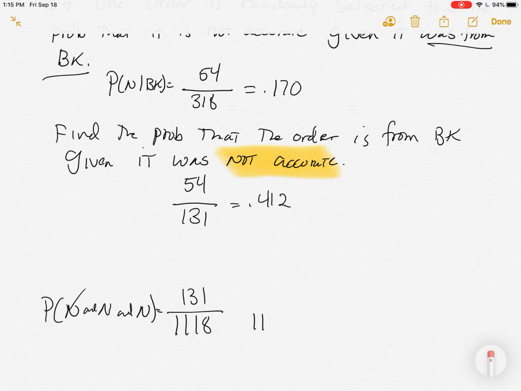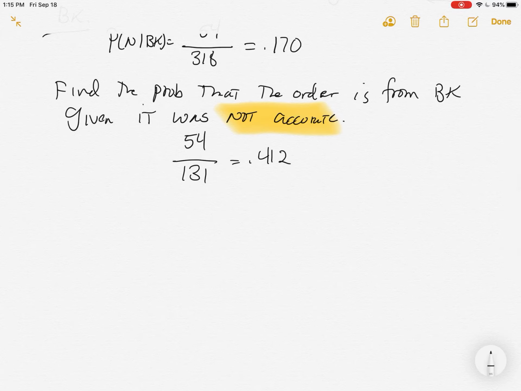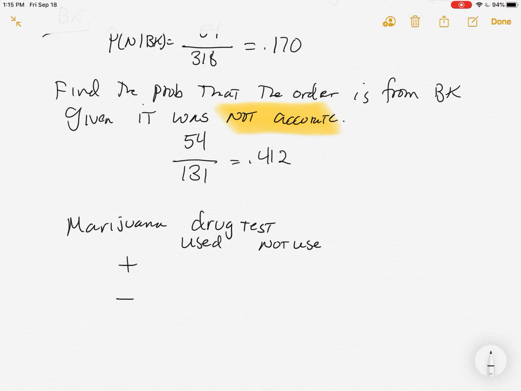If we look at one more example of conditional probability, maybe it would be good to look at a drug test one like we did before. So remember we had a marijuana drug test. And sometimes that test read positive and other times it read negative, and sometimes the person used and other times they did not use.